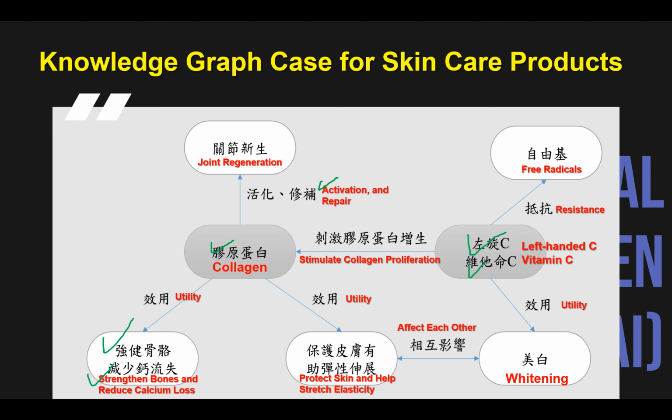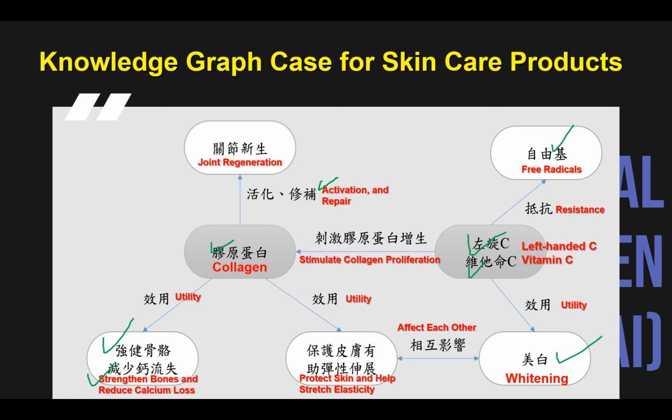And for vitamin C, they have a causal effect. For the left-handed C or vitamin C, they can stimulate collagen proliferation. And for vitamin C, they have free radicals, and also can whitening.